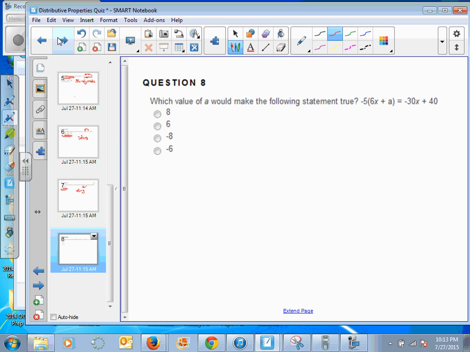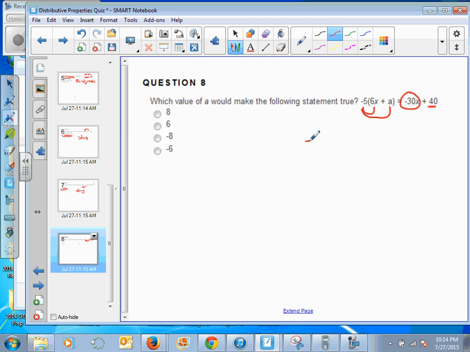Which value of a would make the following statement true? So they're taking this and they're distributing. If you take that negative 5 times the 6x, that's where you're getting that negative 30x. But then they want to know, where's this 40 coming from? If we did the negative 5 times something there, what's going to give you the 40?